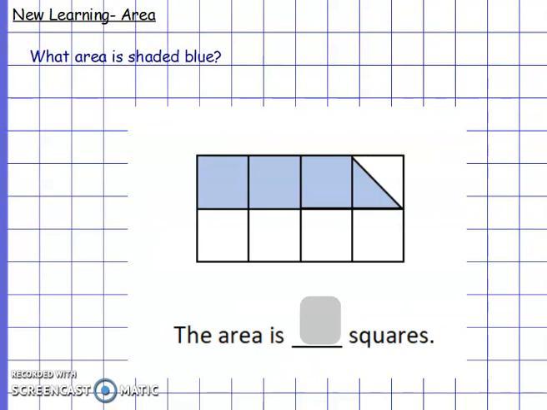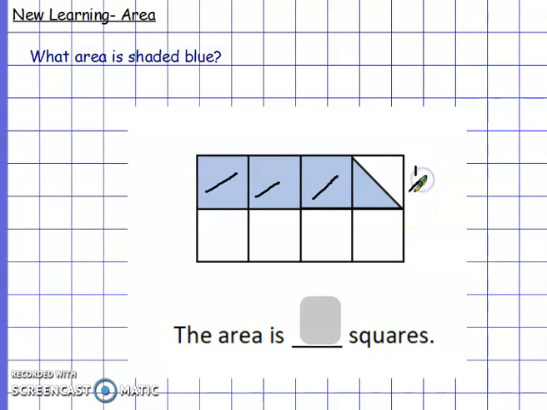Okay, let's have a look at a more challenging question. The question asks us, what area is shaded in blue? Let's see if we can count them together. We've got 1 square, 2 squares, 3 squares. What about this one? It's not a full square, is it?